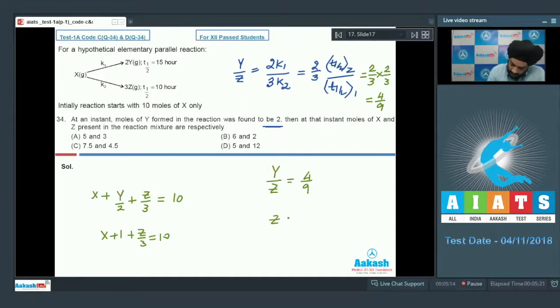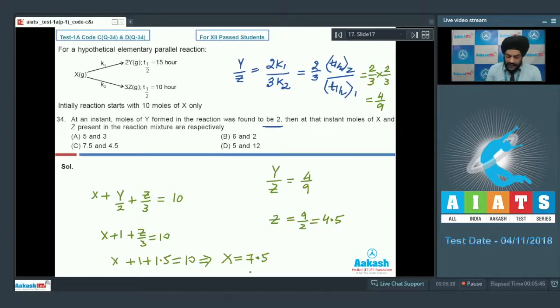So the value of Z is equal to 9 by 2, which is equal to 4.5, and the value of X is equal to 7.5. So the moles of X present is 7.5 and the moles of Z present is 4.5 at that instant where the reaction mixture contains 2 moles of Y. So the correct answer for this question is option C.